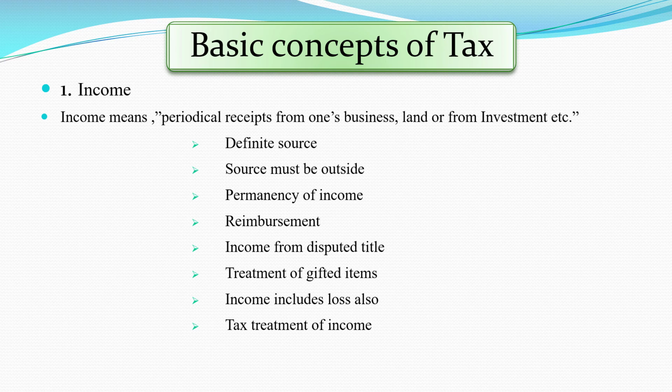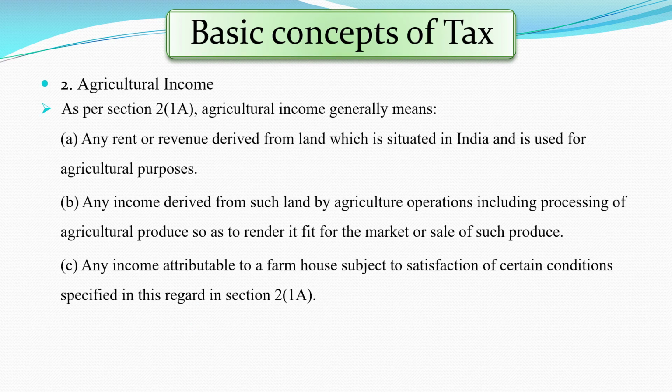In that case, this income will be included in the total income of Mr. A until the dispute is solved. Now, the treatment of gifted income will also be treated as income for the person. Income includes loss also, and that income will be taxed according to the provisions of the Income Tax Act.